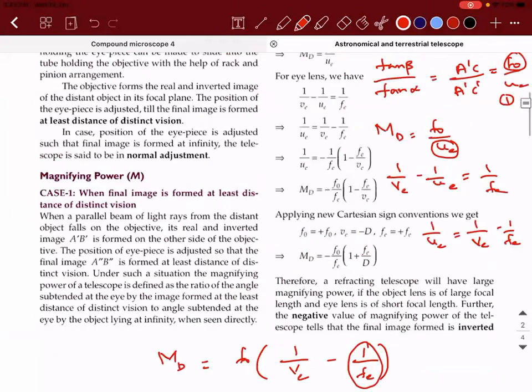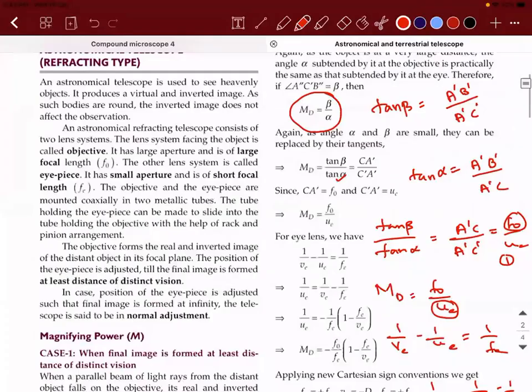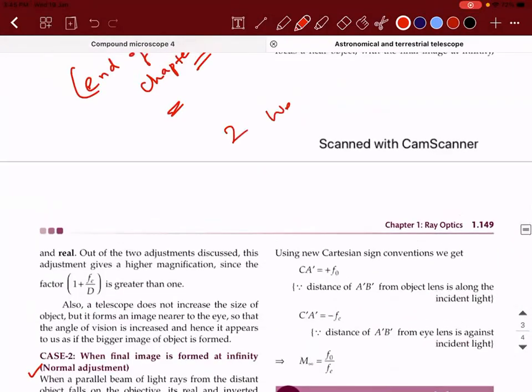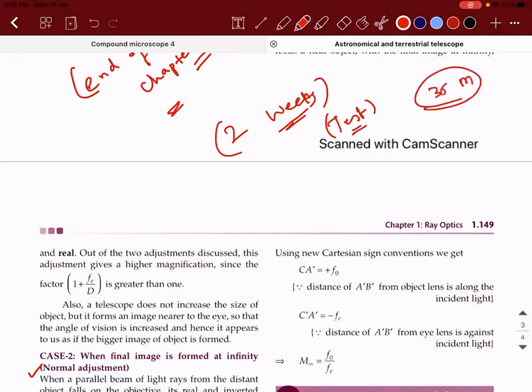So now it is your time to revise it. So what I'll do is I'll give you 2 weeks time to prepare this chapter. So after 2 weeks, there'll be a test according to the new board pattern. It is going to be for 35 marks and 2 hours. So keep preparing. I'll be sending a schedule on when the test will be.